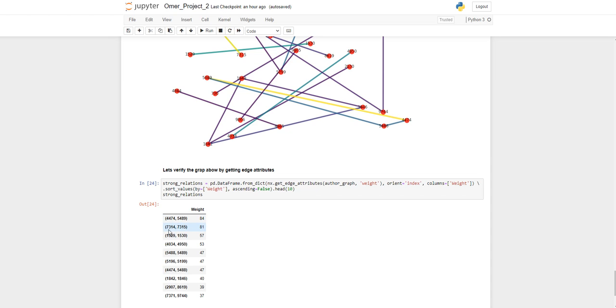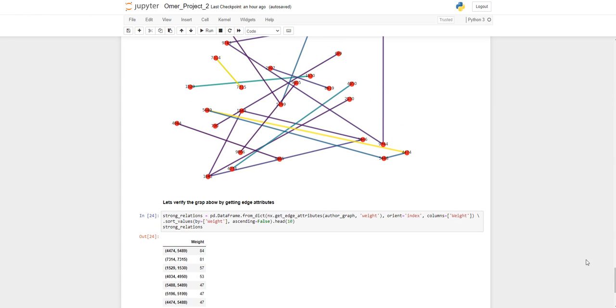Next comes 7314 and 7315, which, as I said before, have a strong relationship, and so on and so forth. We have the actual printed weights between two nodes, which verifies what we see here.